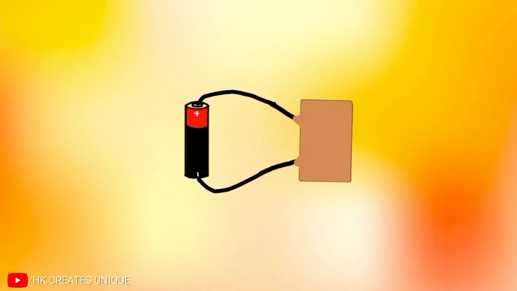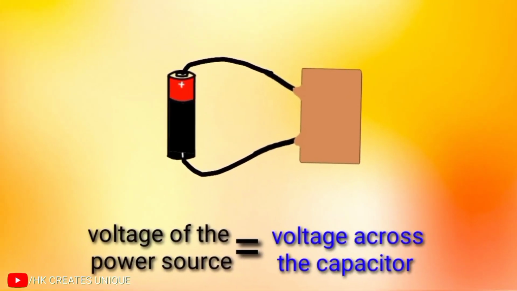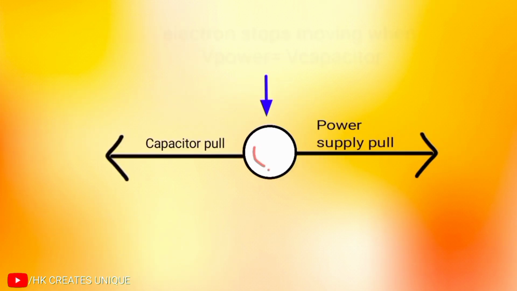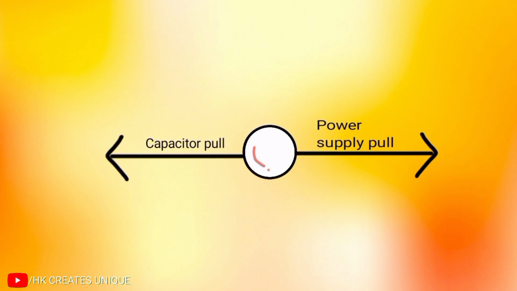When a capacitor is charged up using a power source such as a cell, it charges the capacitor until voltage of the power source equals voltage across the capacitor. You can think like this: the voltage of the power source pulls electrons from a plate of the capacitor. But as the capacitor builds up positive and negative charge, the voltage of the capacitor starts increasing, and at some point, pull of the power source on the electrons equals pull of the capacitor on the electrons.